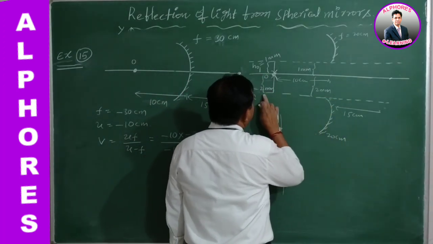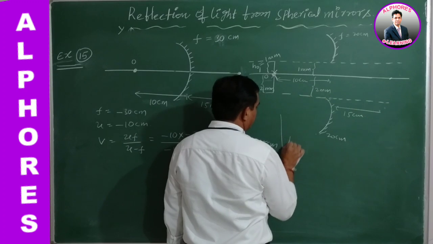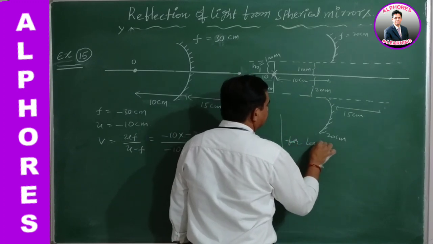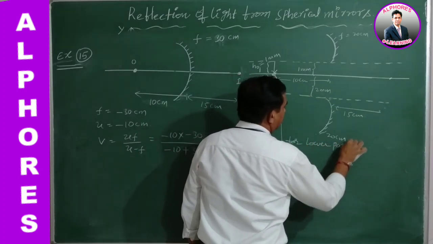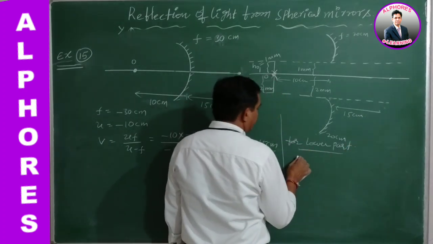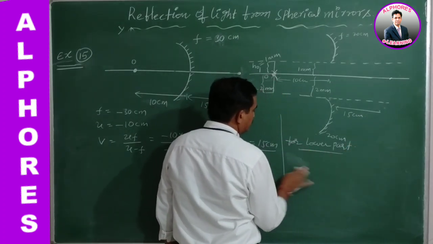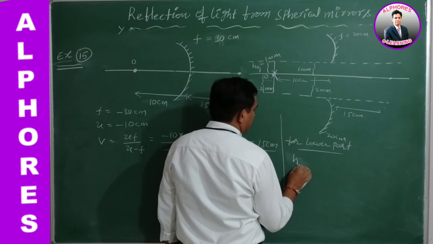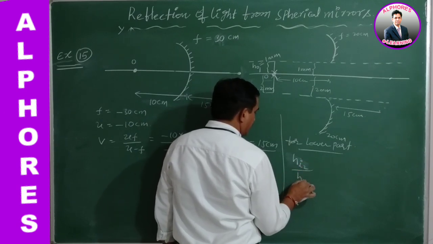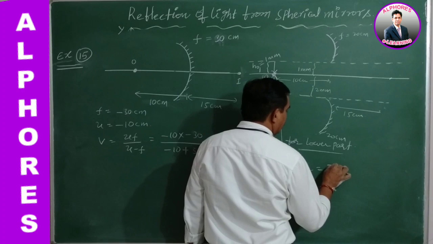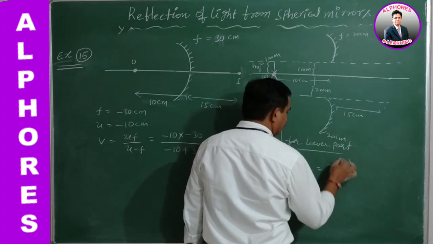Therefore, let us find its magnification for the lower part. Magnification is h image 2 by h object 2, which is equal to minus v by u.